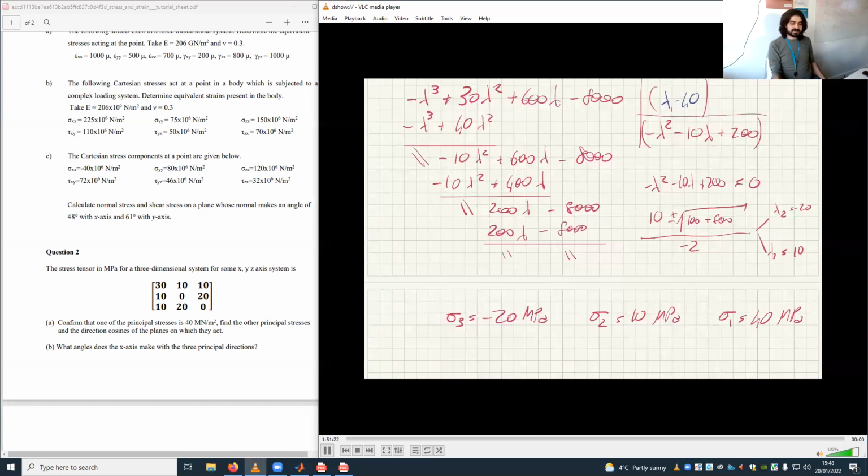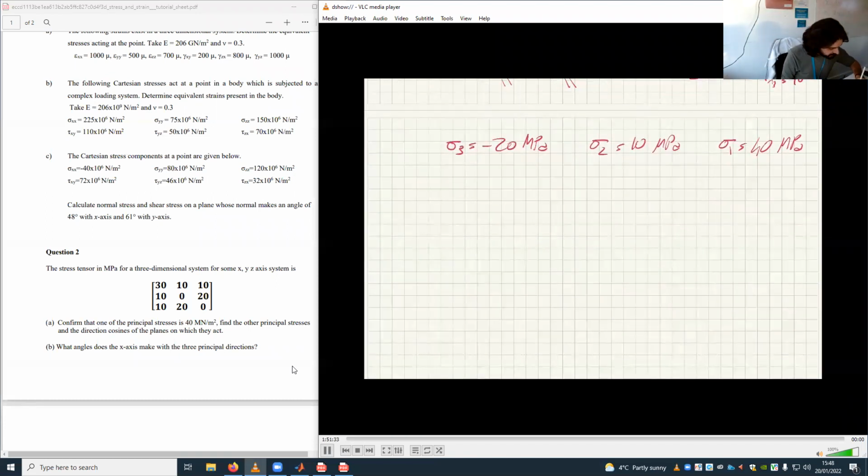Now, how do we find the eigenvectors? Because this is part A, and that's done. The eigenvectors are found, remember, by sigma minus lambda I times x equals 0. For any lambda, you have an associated x. Now, we have found all the lambdas. We didn't find any of the x's. How do we find the x's?